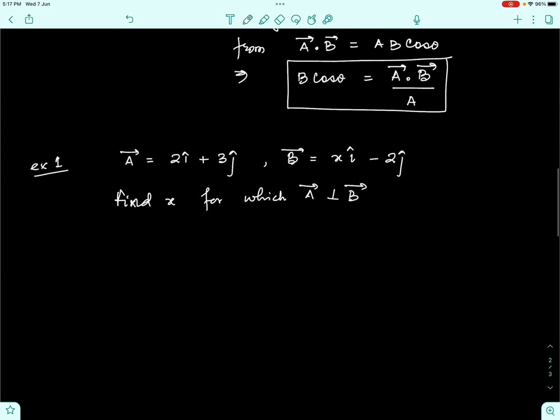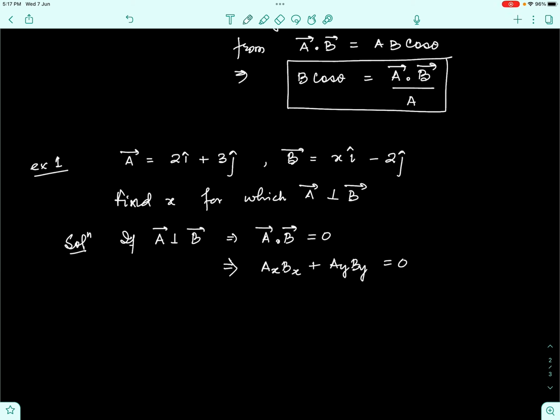We have to find out the value of x for which vector A and vector B are perpendicular to each other. So we know that for A and B to be perpendicular to each other, that means their dot product is 0. So A dot B should be 0. Now from the above relation, we know that A dot B is equal to AX BX plus AY BY.